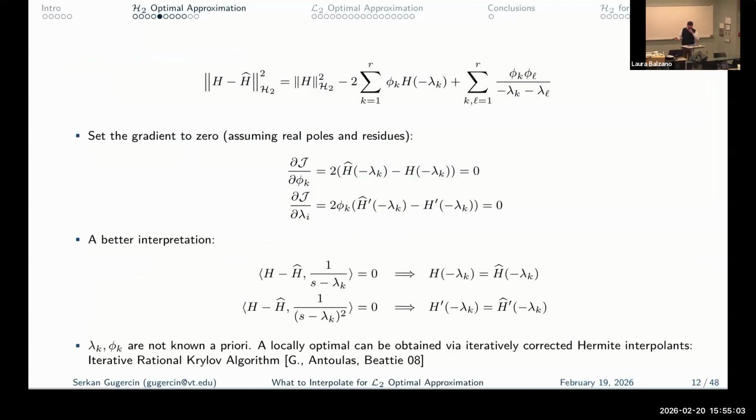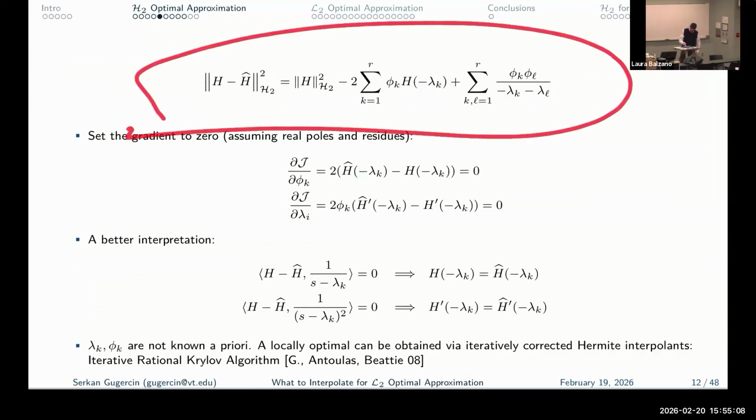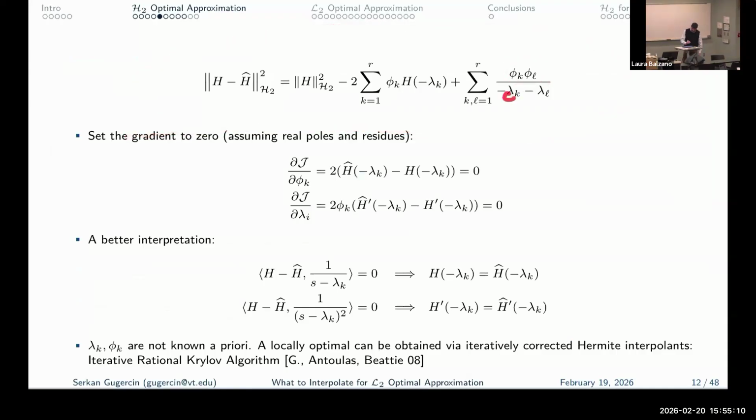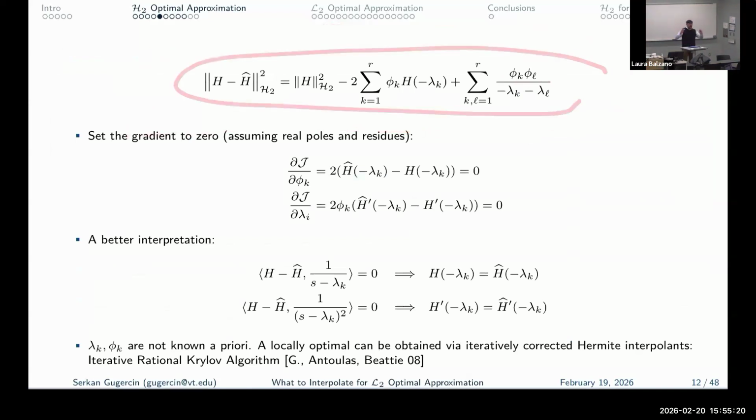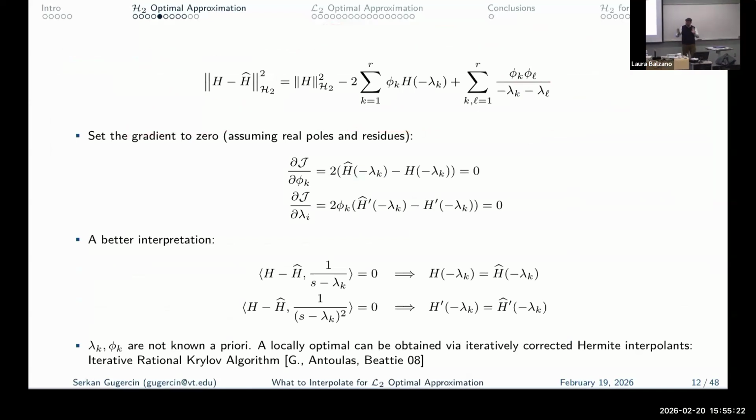One can think of the derivation in two ways. This was my error, which is a function of these phi's and the lambdas. Of course, this is tricky. I am saying set the gradient to 0, but this is really hand waving in a sense. This is a real valued function and I am differentiating with respect to complex variables, so you have to be careful.